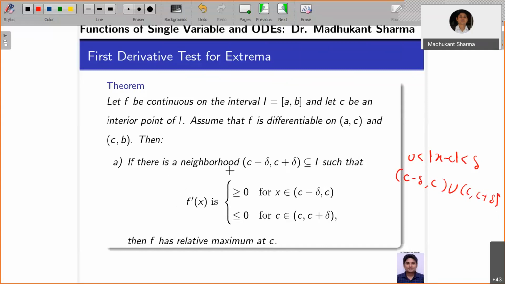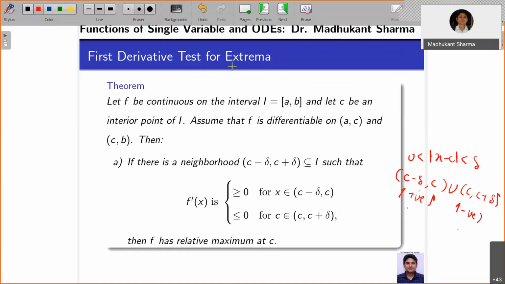So if there is a neighborhood such that f dash is changing sign from positive to negative, then you can say that f has a relative maximum at c. From here it was positive and here it is negative. If it is in reverse, negative here and positive here, and you can justify that f dash is changing sign over this interval, then f has an extremum, that's for sure.